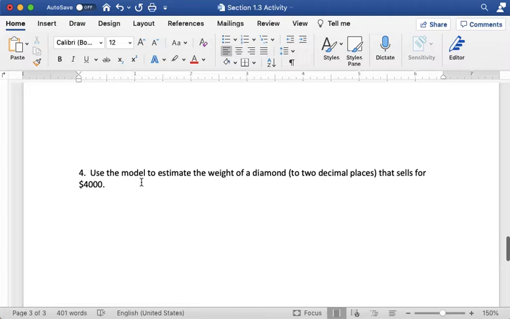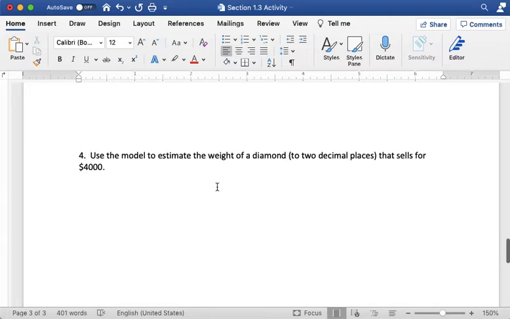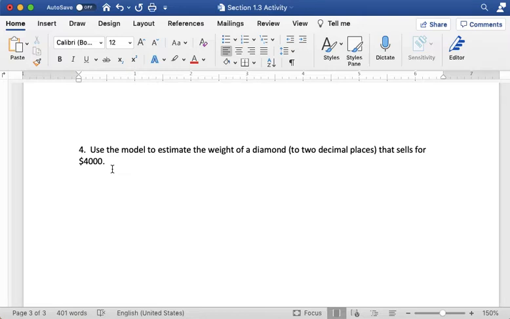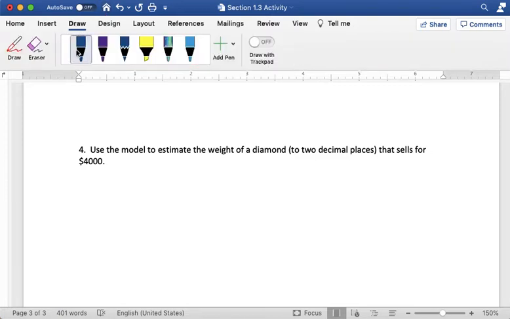And then question 4 says to use the model to estimate the weight of a diamond to 2 decimal places that sells for $4,000. So I'm going to switch to my drawing tablet here because it's a little bit easier when I'm trying to solve things.